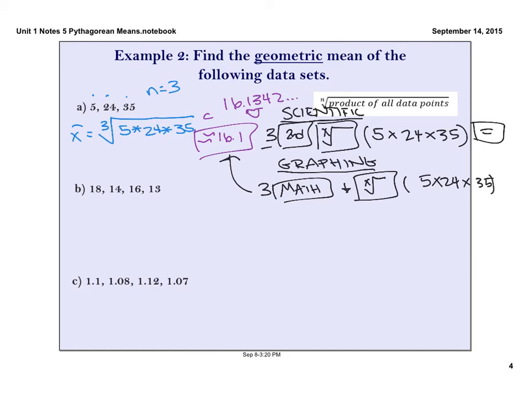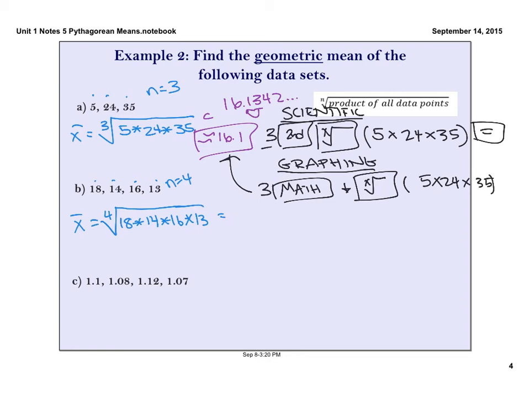All right, let's try the next one, and we'll just practice typing this into the calculator again to make sure that we all get there. So my mean is going to look like, in here, I have 1, 2, 3, 4. My n is equal to 4. So I have the 4th root of 18 times 14 times 16 times 13.